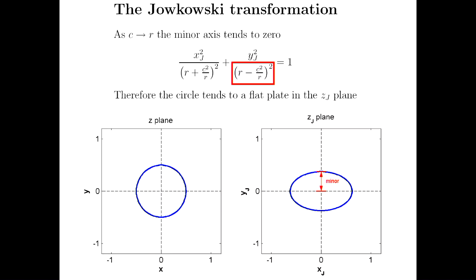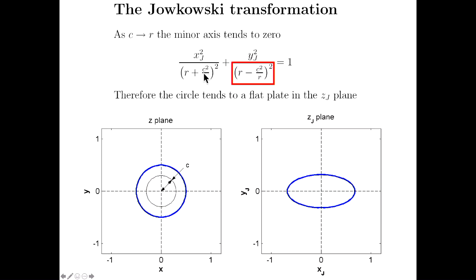Now, what happens if I increase my Joukowski circle c so that it approaches r? What's going to happen to this term when c is equal to r? It's going to be r minus r, which is 0, so this would approach infinity, and here you'll get something which approaches 2r.